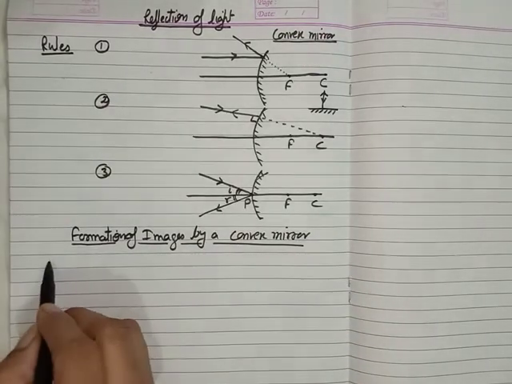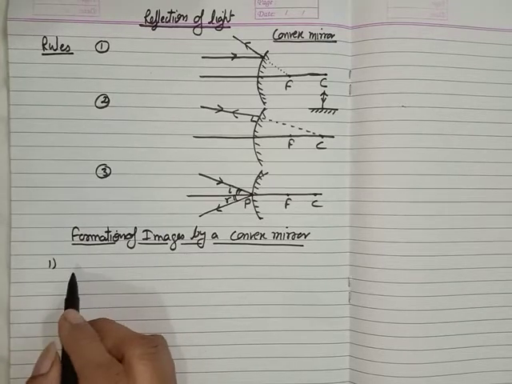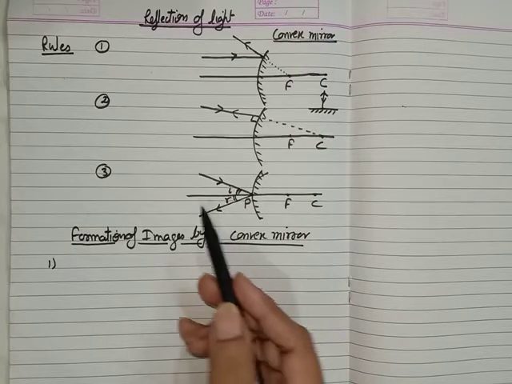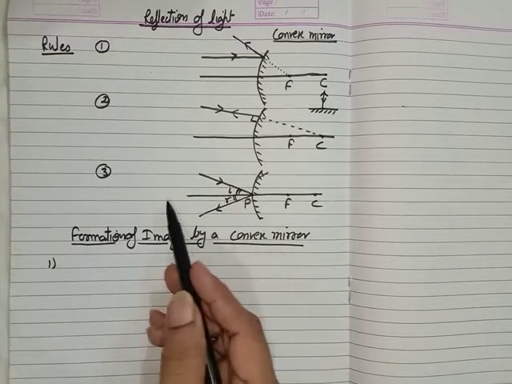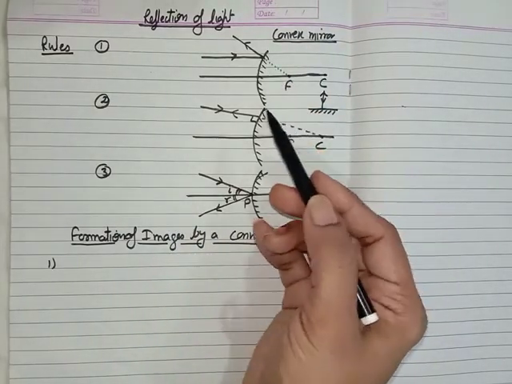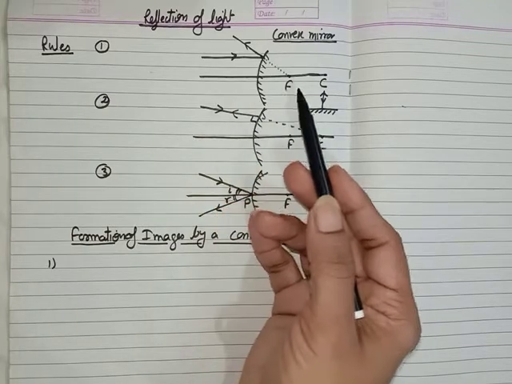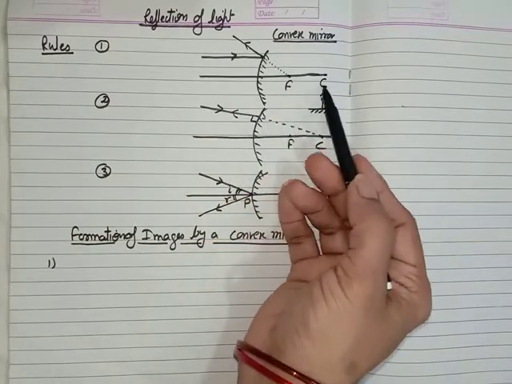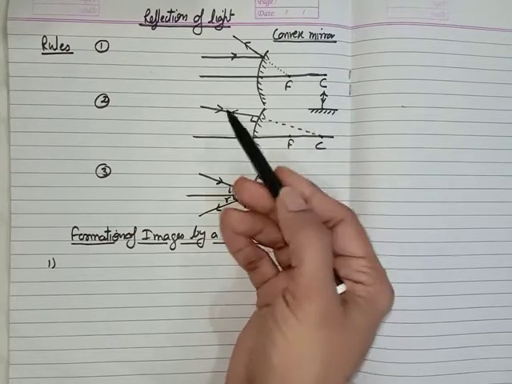Now the first case is this. Suppose we put an object at any distance from the mirror. This is a mirror. Now there is no position like at F, at C, or between F and C, because all of these C and F are behind the mirror.